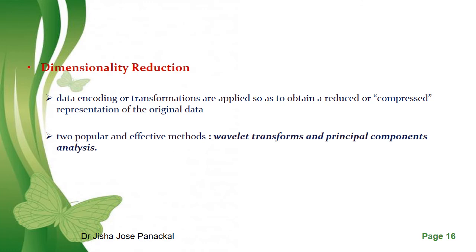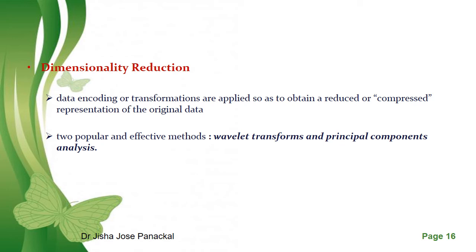Then the next one is dimensionality reduction. Data encoding or transformations are applied so as to obtain a reduced or compressed representation of the original data. So we have to use some encoding methods or transformations, and we can have a compressed form of representation of the original data.